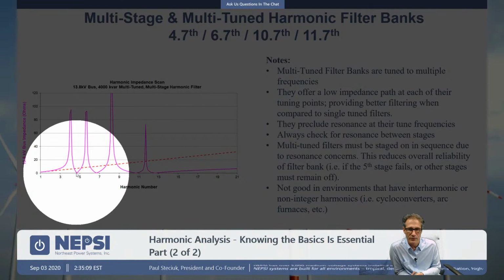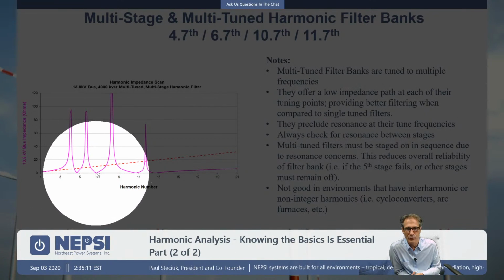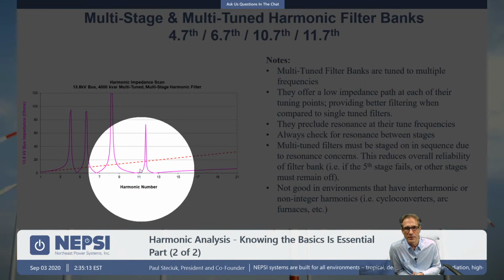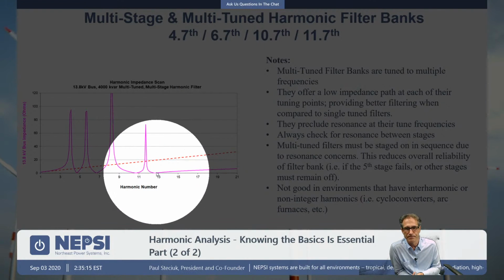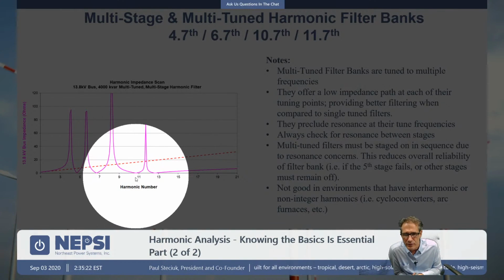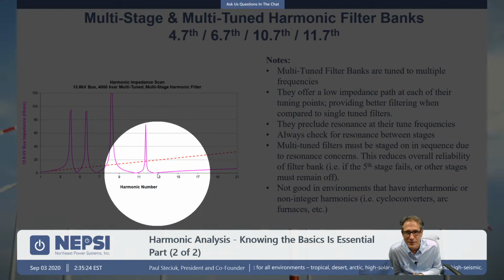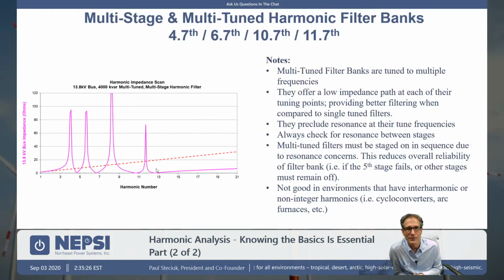The impedance drops very low. We have 6.7 here, then 10.7, and then 11.7. Oh, wait, I'm messed up here. So 4.7, 6.7, 10.7, and 11.7. So that's a multi-tuned harmonic filter.